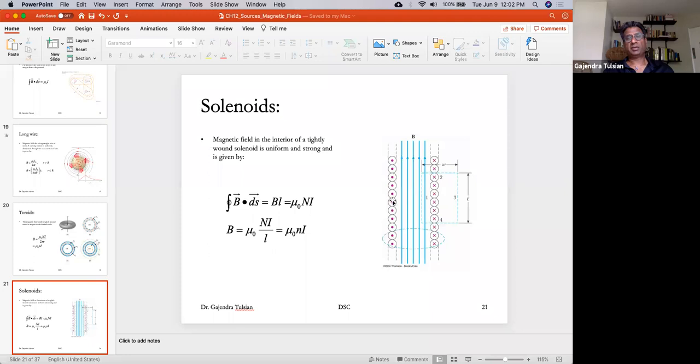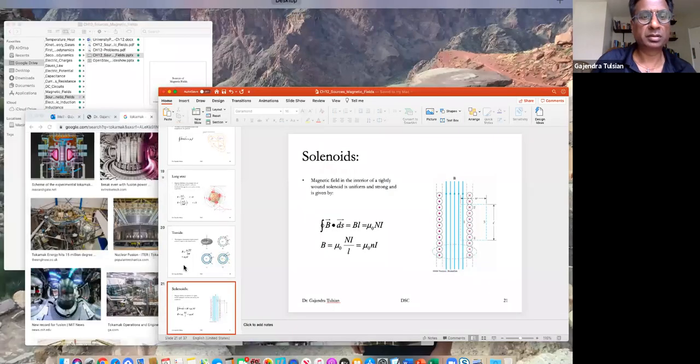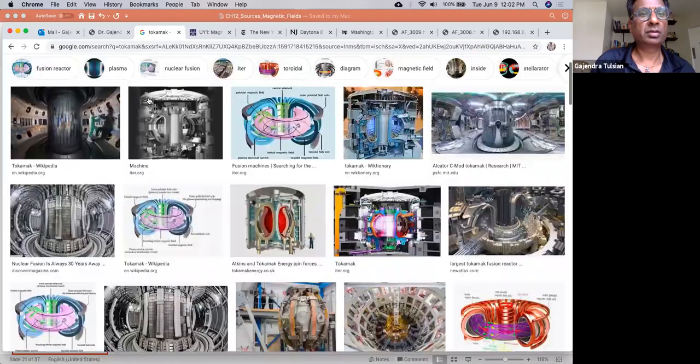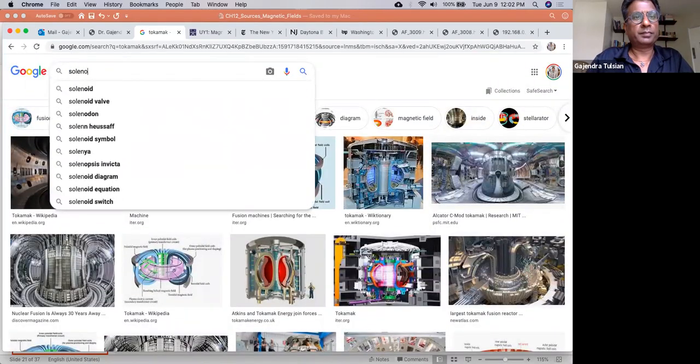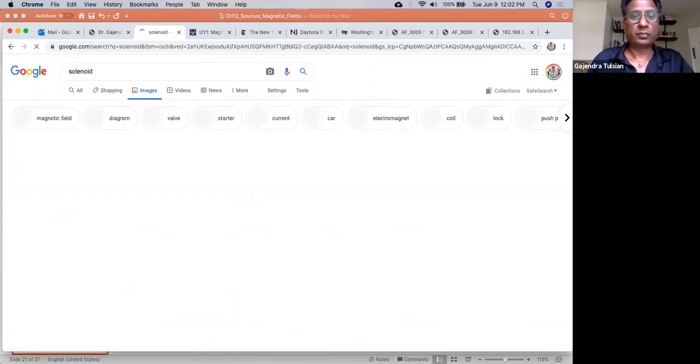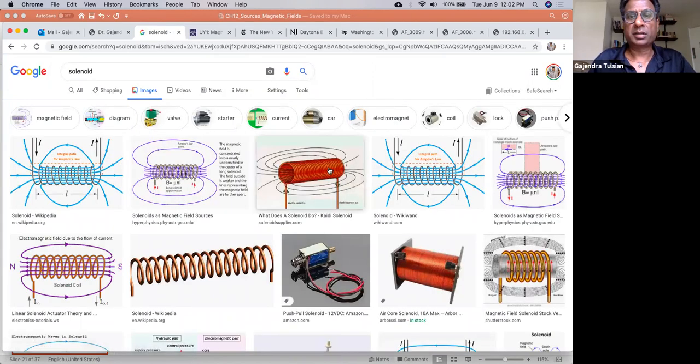Here's a plain old straight solenoid. Essentially, if this is a very long solenoid, it creates a magnetic field inside, and outside the magnetic field is almost zero.